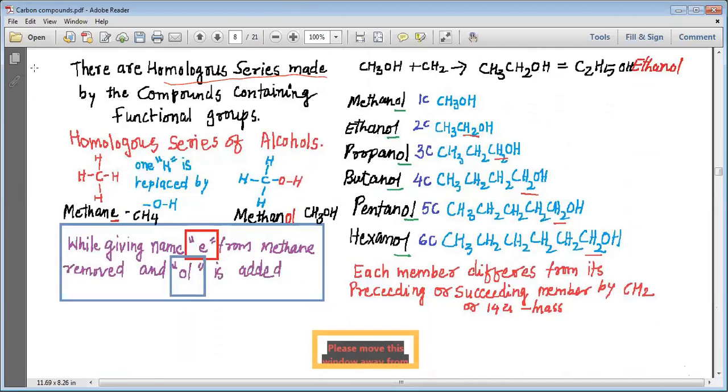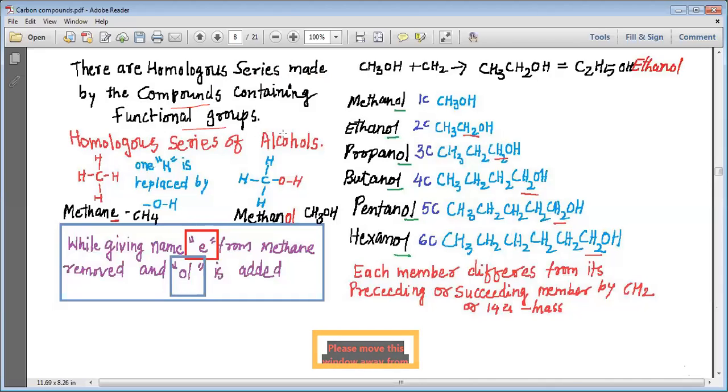Let us study the homologous series of the functional group known as alcohol, and let us study how we can give names to such compounds. So please pay attention. There are homologous series made by the compounds containing a functional group.